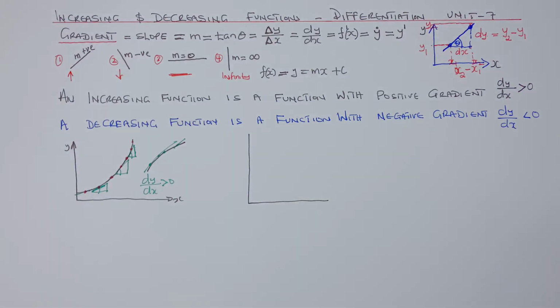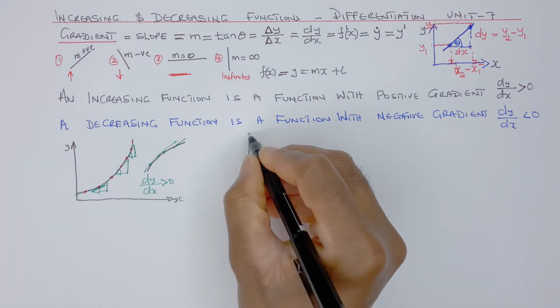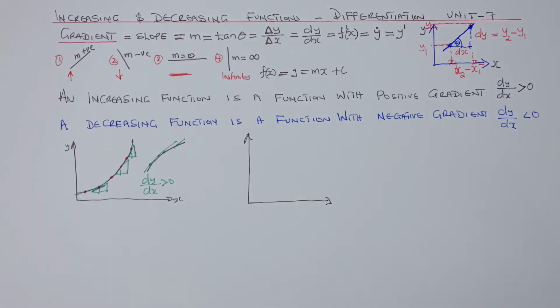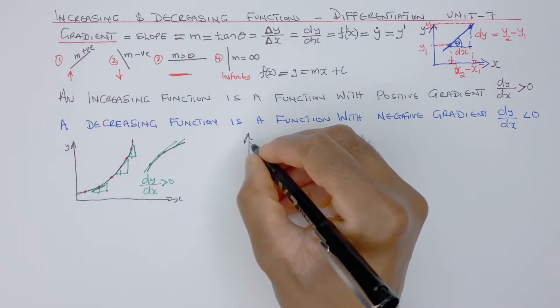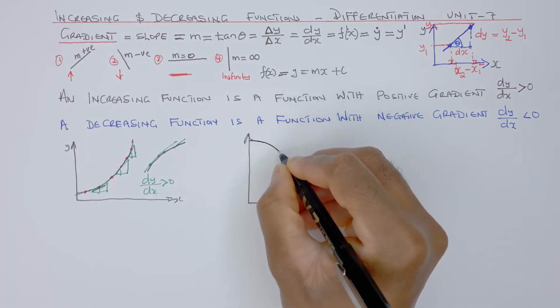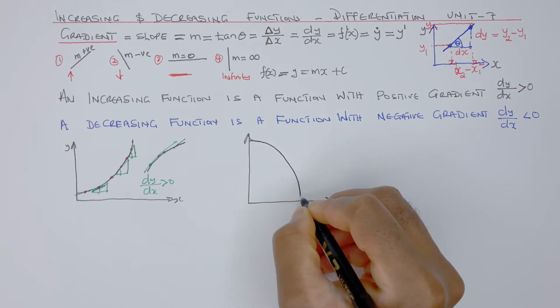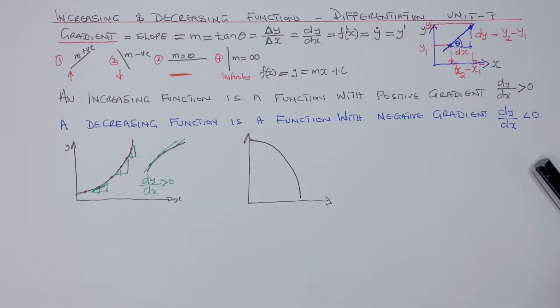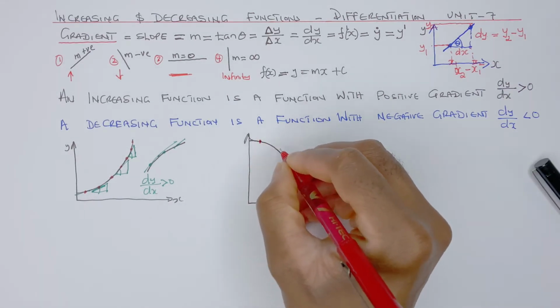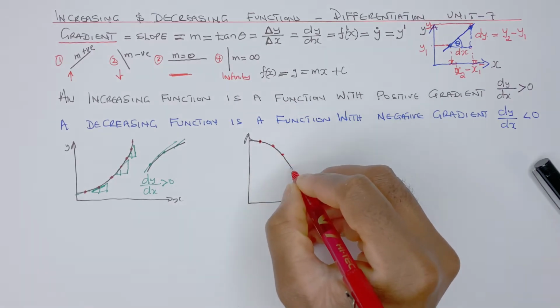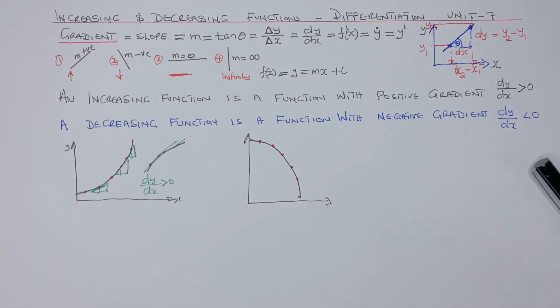On the other hand, if you have a graph where the function is coming down like that, and we pick a point, because we have to draw a tangent, you can see each point will have a different gradient.